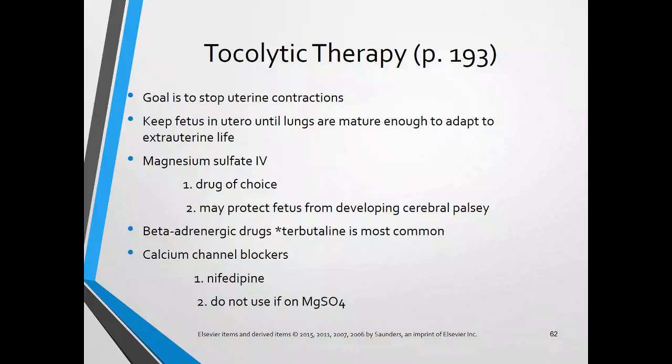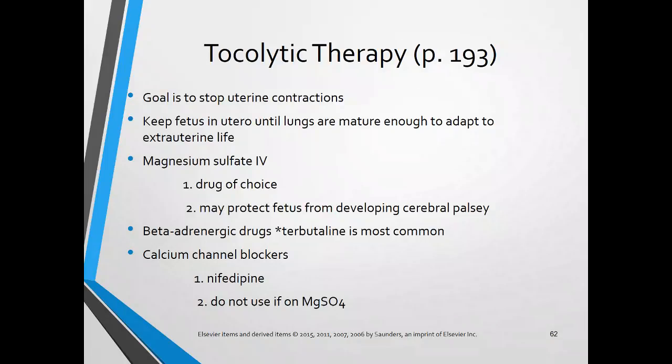So the whole goal is to stop those contractions and keep the fetus in utero until the lungs are mature enough to adapt to external life. Have magnesium sulfate. We talked about this in lecture and mainly in simulation lab, we've talked about magnesium sulfate. It's to help with neuroprotection, one of them being cerebral palsy.